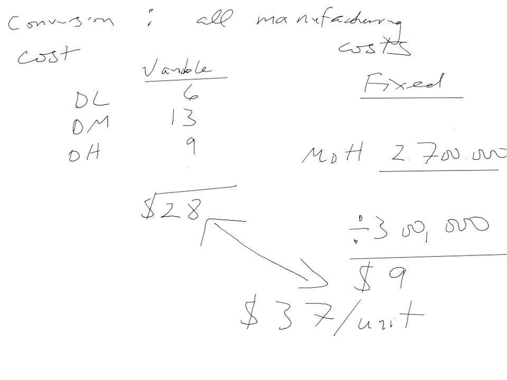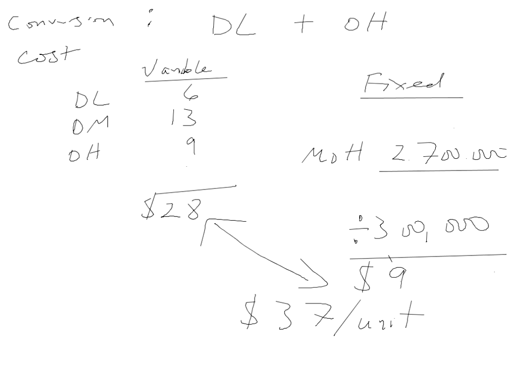And for conversion cost, if you remember the slide on conversion cost, it's the costs that are incurred to convert your raw materials into the final product. And to convert raw materials, you're going to need your direct labor and your overhead. All right, so no selling expenses.